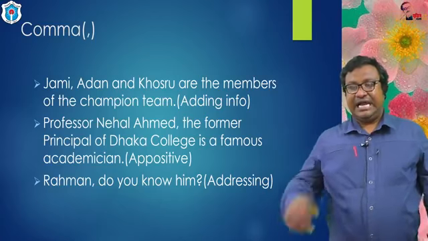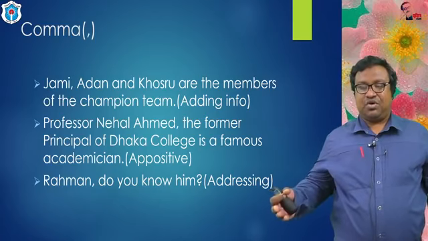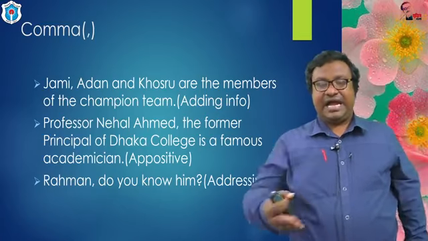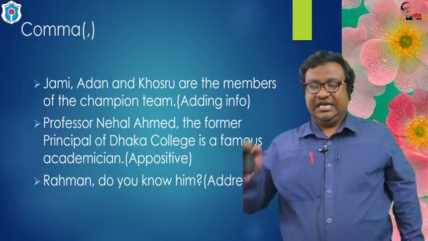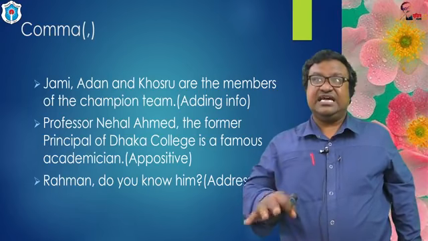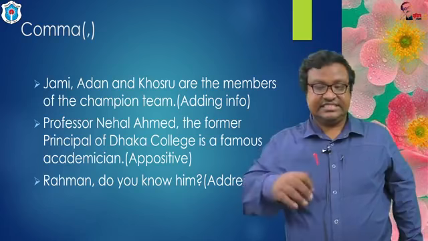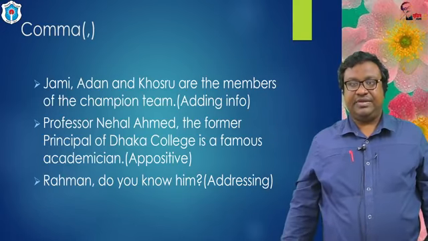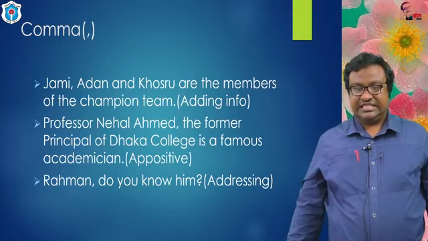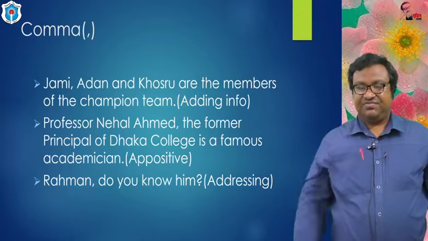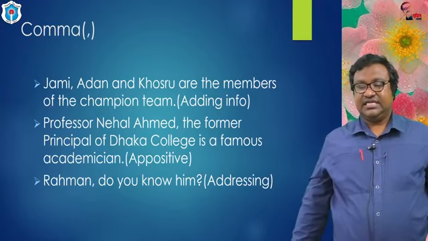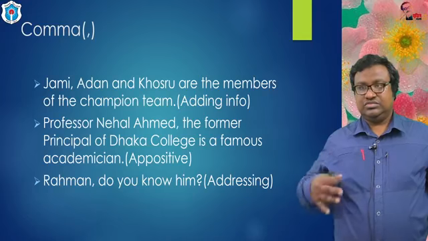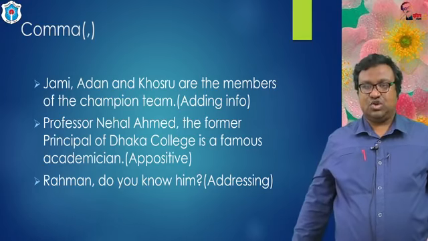Then perhaps you may become confused, because despite knowing everything, you make mistakes in this lesson. Often people commit mistakes solving this passage. Like if I say that Jami, Adnan, Khosru are the members of the champion team, they won a marvelous trophy last year.